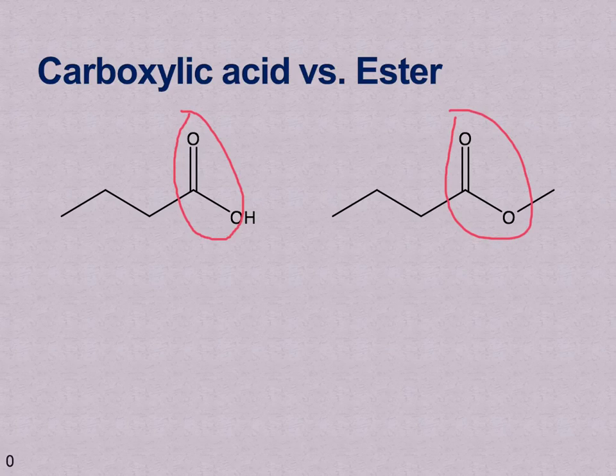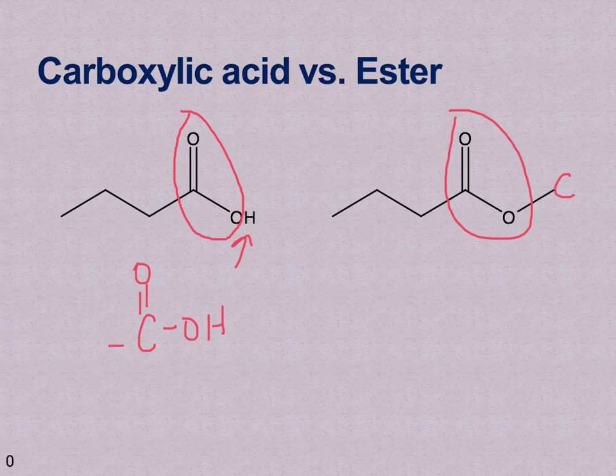What's different between them is what they are attached to. The carboxylic acid has a hydrogen attached to it, whereas the ester has a carbon group. And this could be 1 carbon or 2 carbon or 10 carbons. It doesn't matter. And so what we see is that we have a carboxyl group, and that consists of a C double bond O, OH.